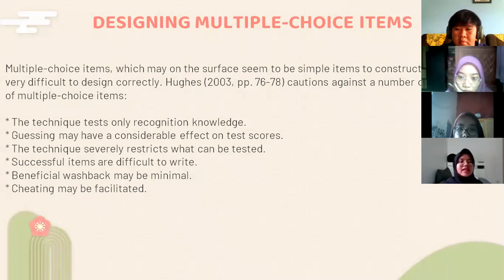The first one is the technique tests only recognition knowledge. Guessing might have a considerable effect on test scores. The technique severely restricts what can be tested. Successful items are difficult to write. Beneficial washback may be minimal. And the last one is cheating may be facilitated.